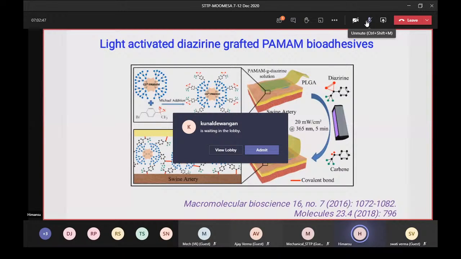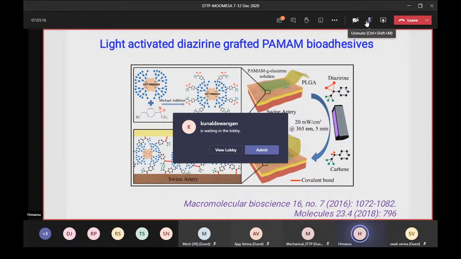For example, the 5th generation, G5 PAMAM, has 128 free amine groups. If you have a G4, it has fewer, below 128. So you can optimize a surface by controlling the PAMAM type, that is the generation of the PAMAM you are using, and second, the number of diazirine groups, or bromodiazirine, you are linking on the surface. This is very important.